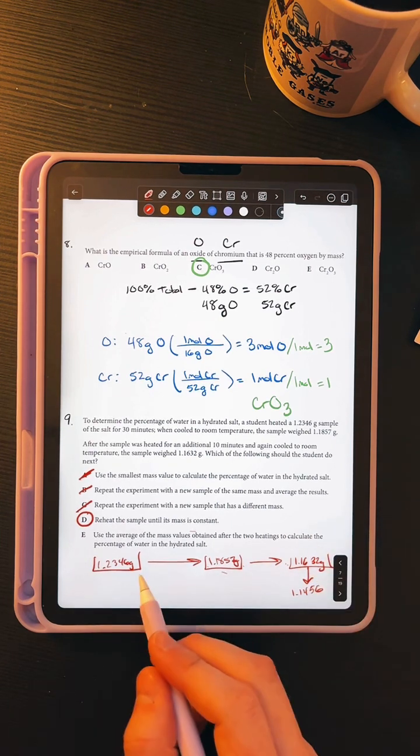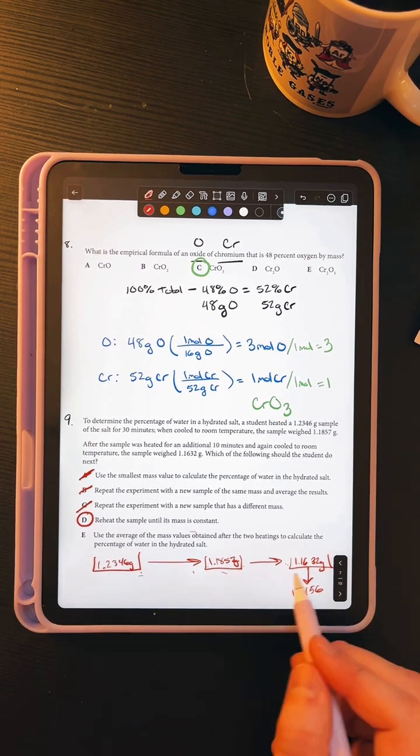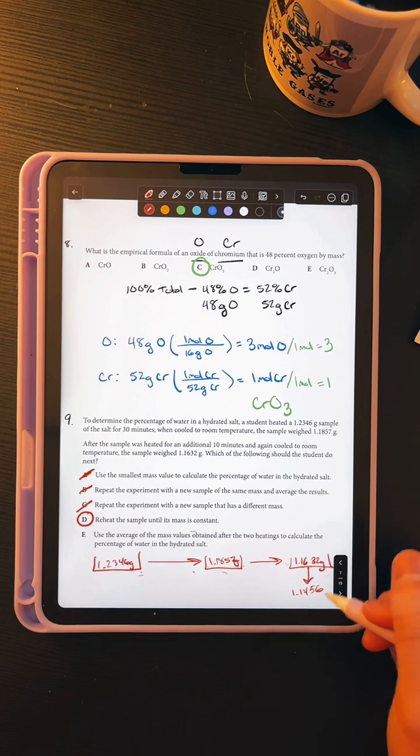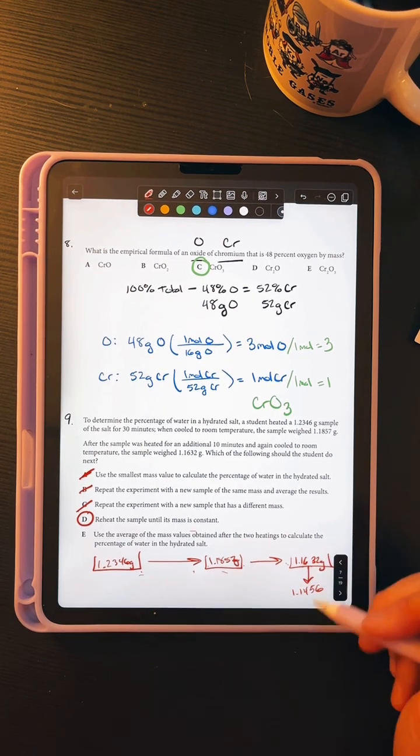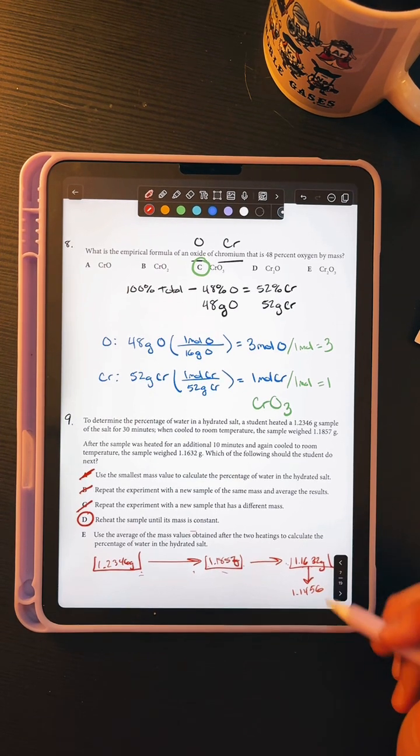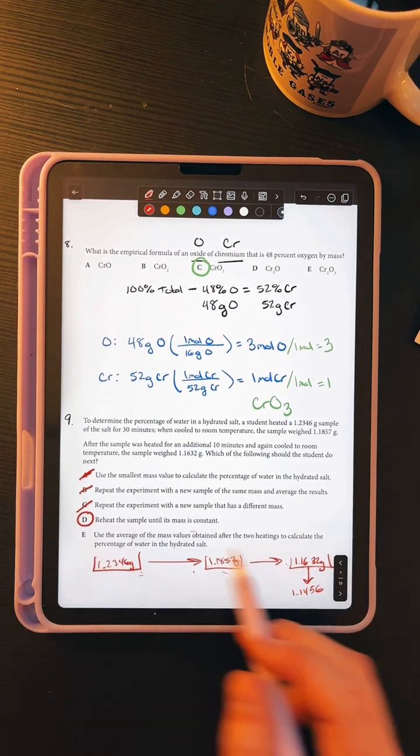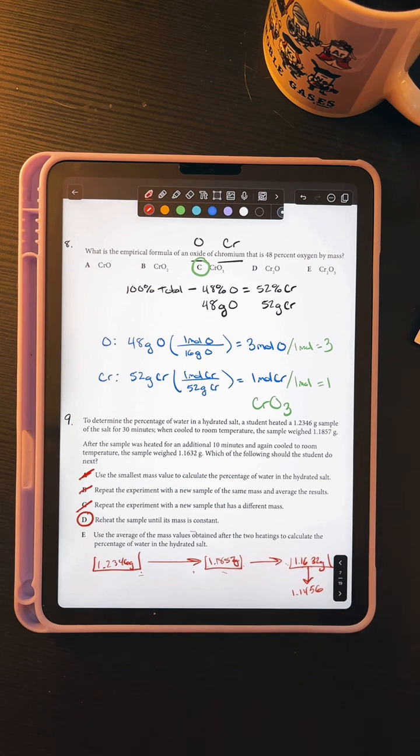Well, if we were to just average these two masses, we would be forgetting about the mass lost over here. And so we want to make sure that we're taking that into account. So we're going to reheat until we get a nice constant mass of our sample.